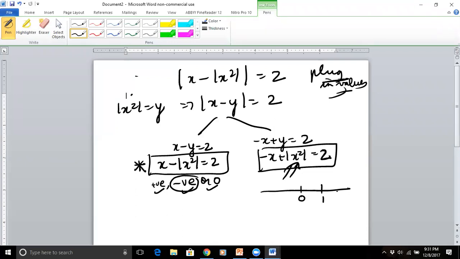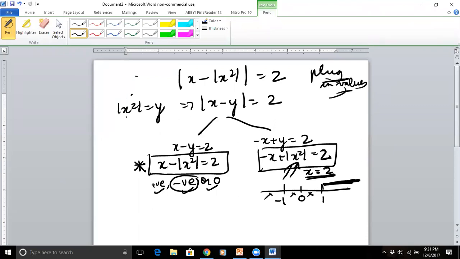You can plug in 0, 1, minus 1. You can check for all positives to the right of 1. You can check for fractions. You can check for negative fractions. You can check for negative integers. You'll realize that the only possible value, just looking at the equation, that is going to satisfy this equation is x is equal to 2. So I can only solve for the second case.